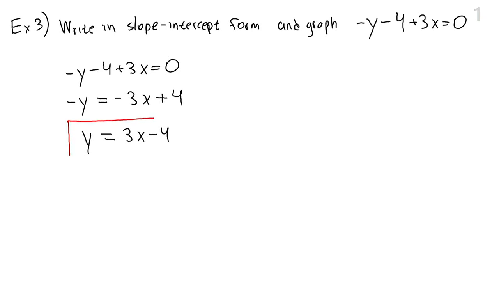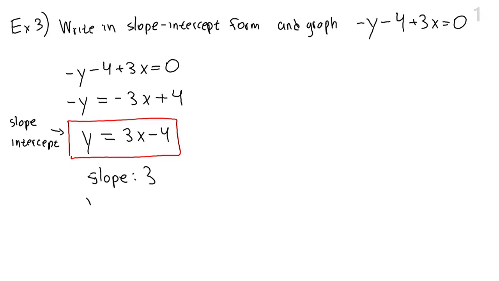So this is our slope-intercept equation of the line. From which, as the name implies, we can get the slope, which is 3, and the y-intercept, which is 0, negative 4.